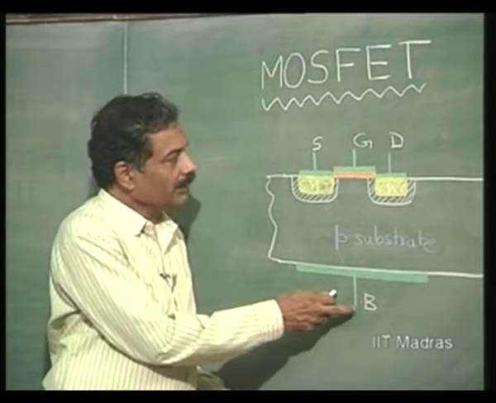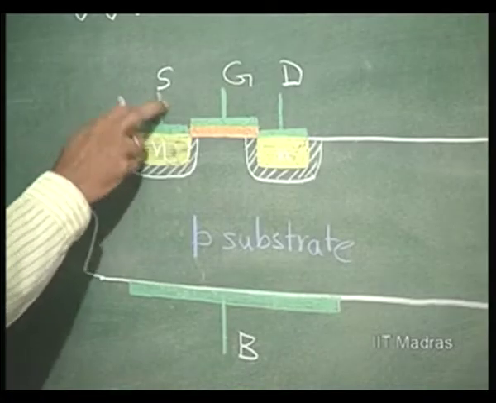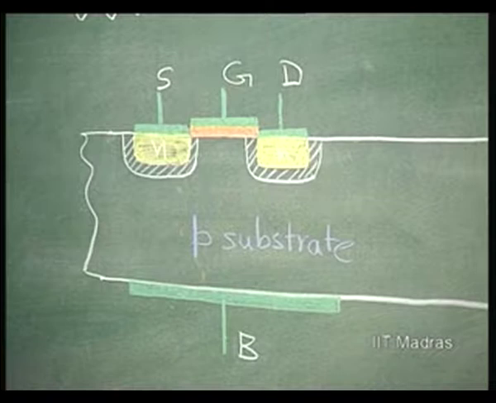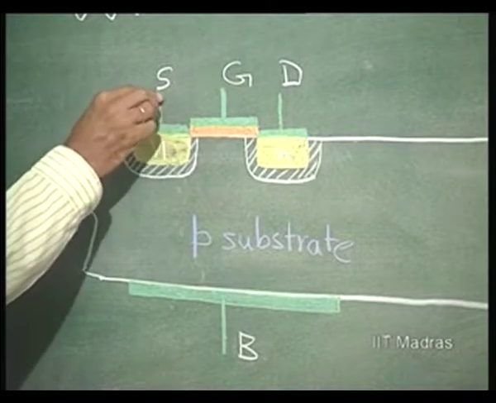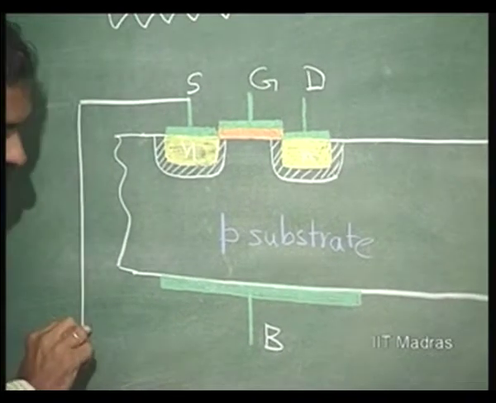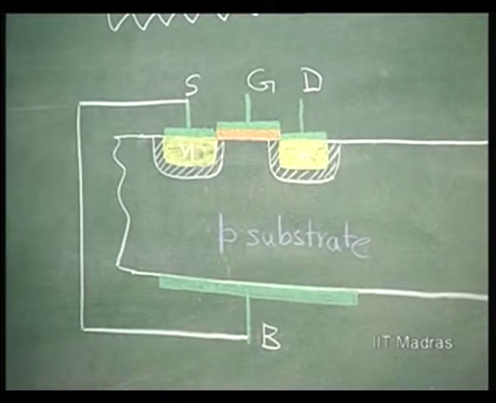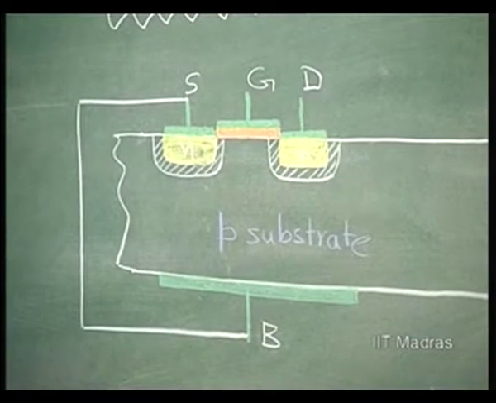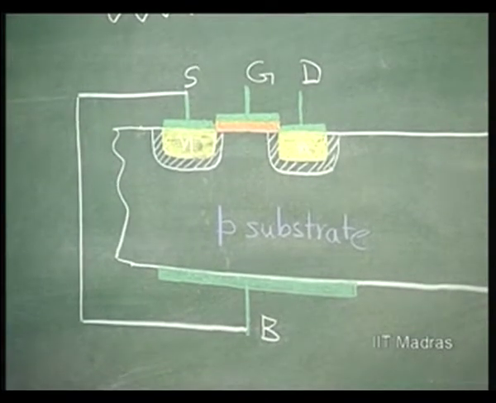So, body and substrate, the source, okay, has to be reverse biased. The best way of reverse biasing, of course, is connect zero bias, which does not need any source. Any other biasing will require a voltage source.